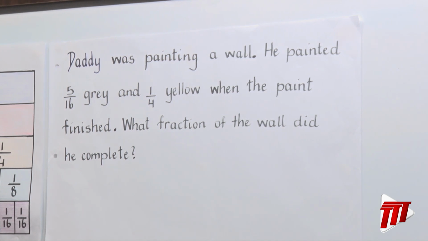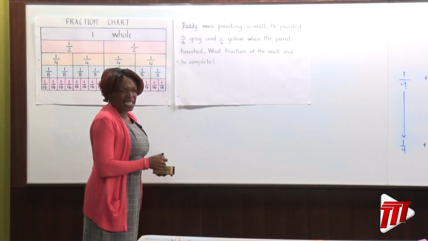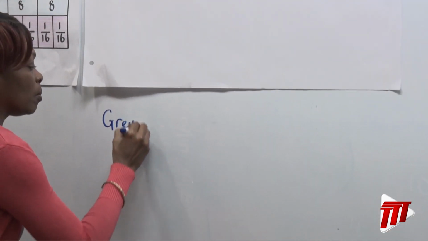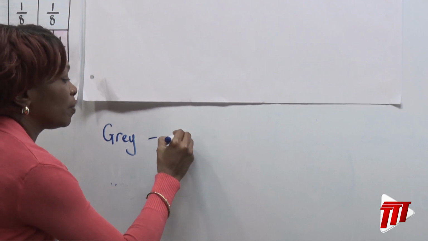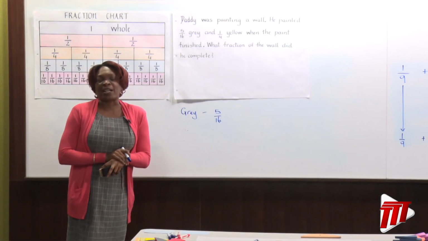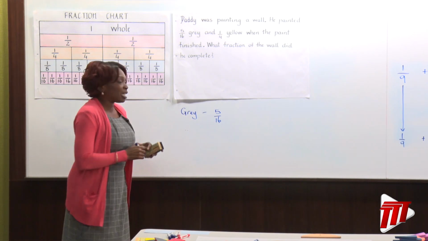What fraction did Daddy paint gray? 5/16. Let's pull that information out. What fraction did Daddy paint yellow? 1/4. Let's split it out.